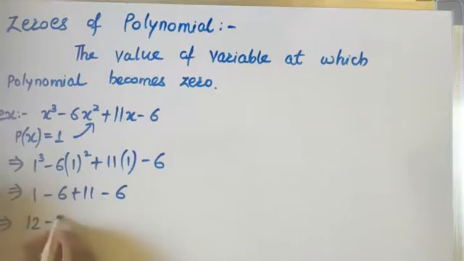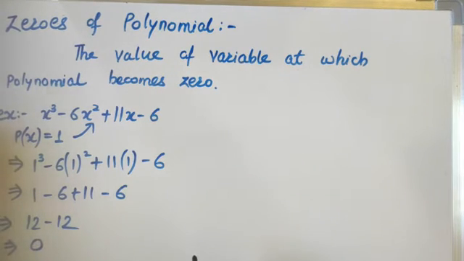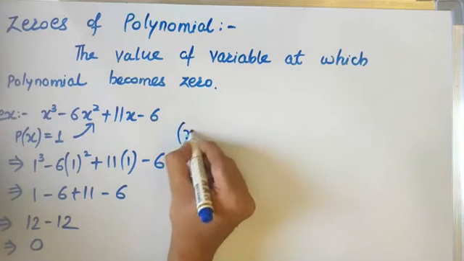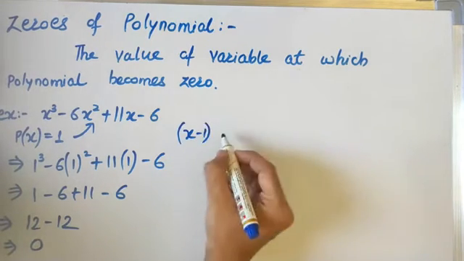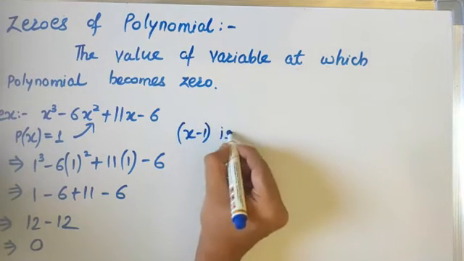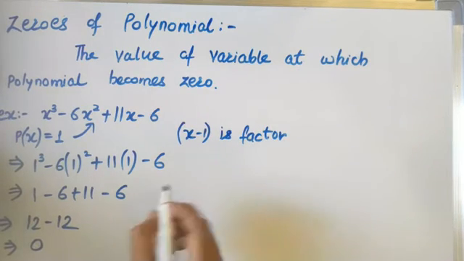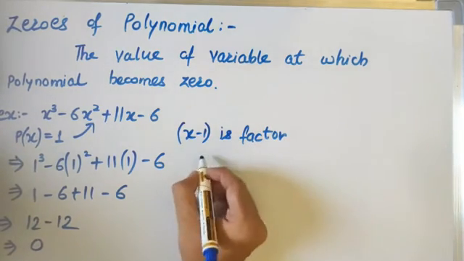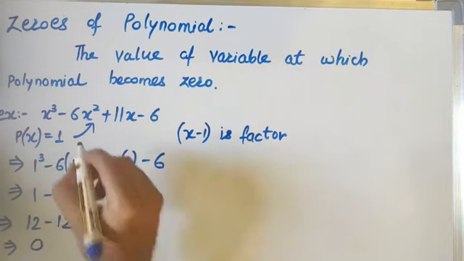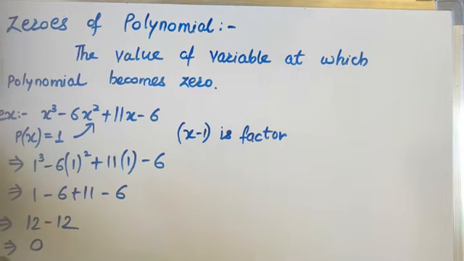So 12 minus 12. Answer is 0. So x minus 1 is a factor and the zero of polynomial is 1, because at 1 the value becomes 0.